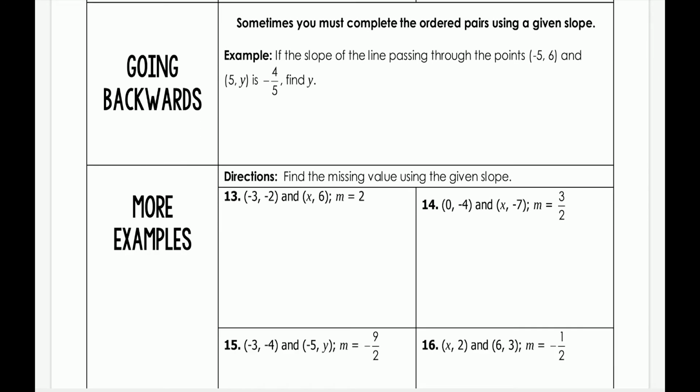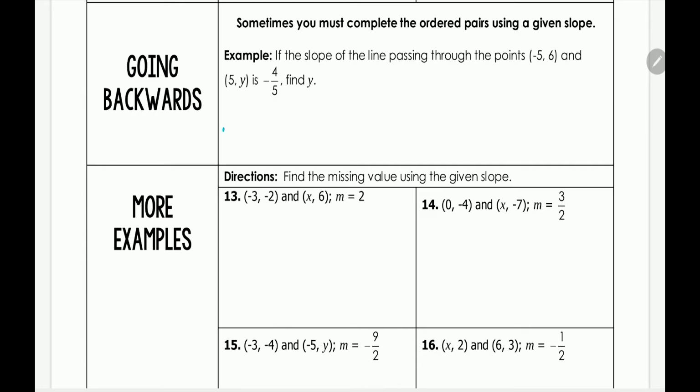Next, sometimes we have to complete the ordered pairs using a given slope. In other words, we're going to be working backwards. If we're given the points -5, 6 and 5, y, and we know that the slope is -4 over 5, we're asked to find y.